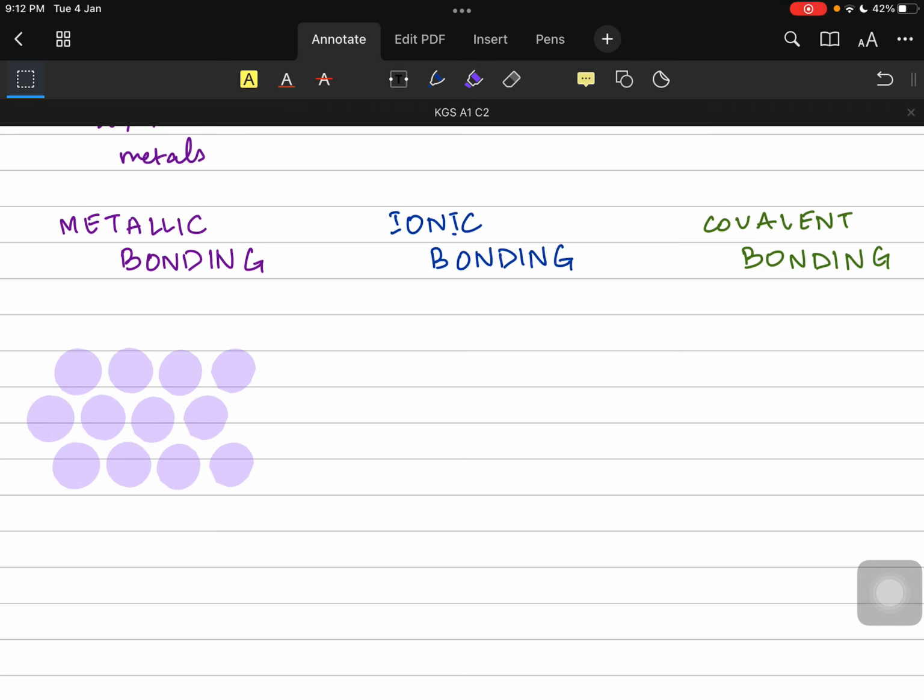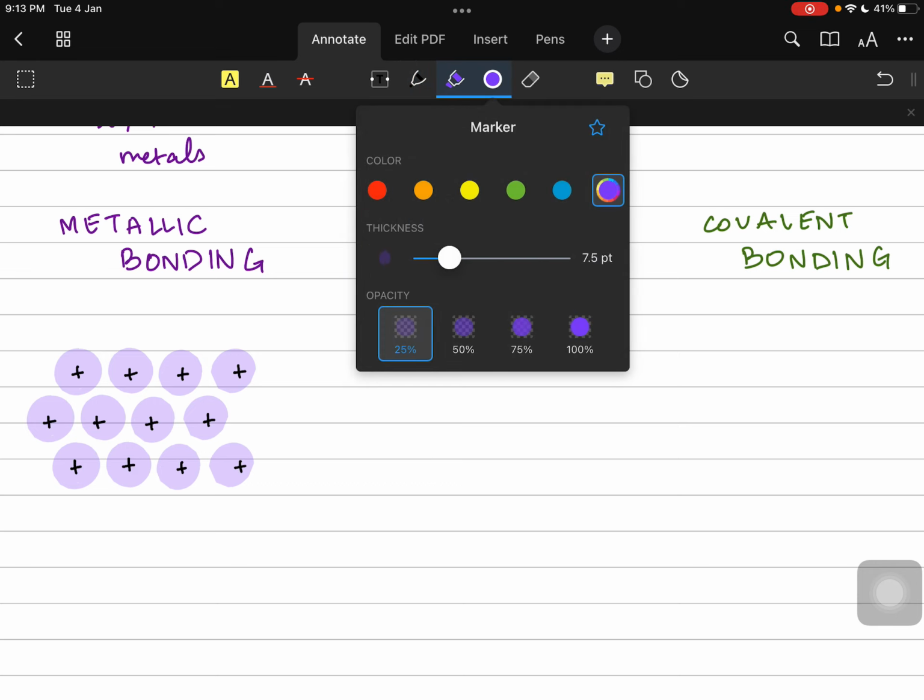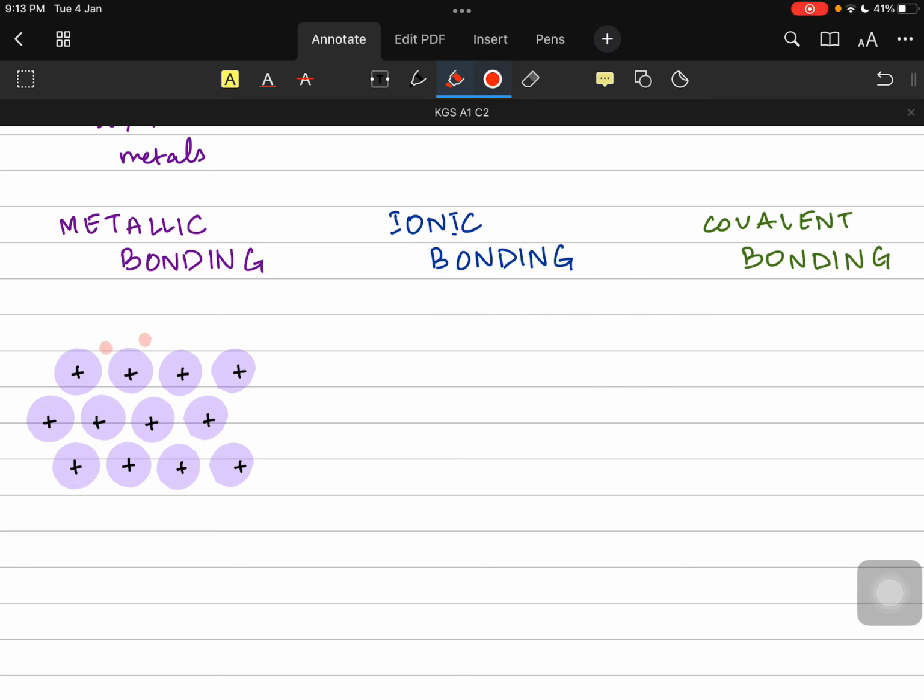What they do is they lose their valence electrons. Remember, this is what we talked about, that metals always lose their valence electrons. They always lose their outer shell electrons. So all the metal atoms lose their outer shell electrons and they become plus charges. And when they become plus charges, what happens to the lost electron? The lost electron keeps on revolving in the area around the metal atoms.